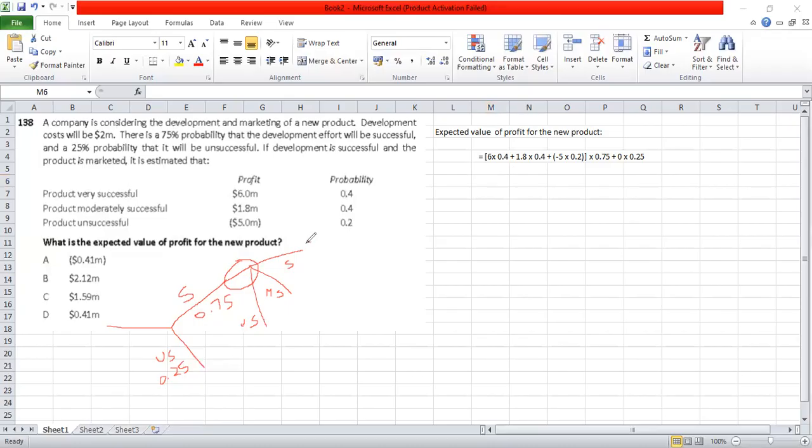Just give me 1 second. This is 6. This is 1.8. This is minus 5. But the probabilities are also there, which are 0.4, 0.4 and 0.2.